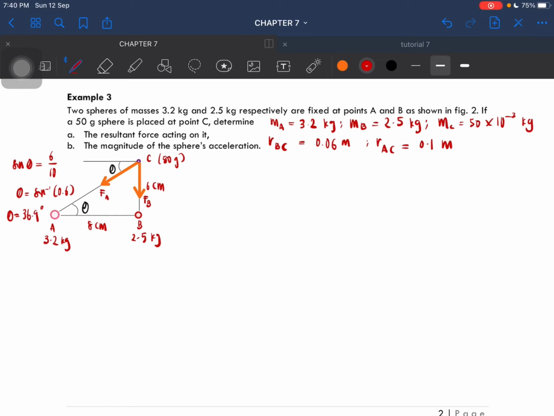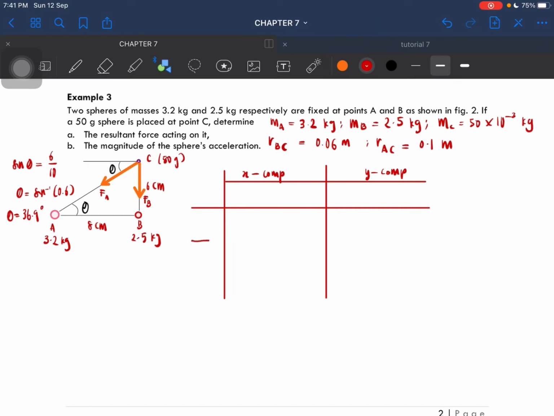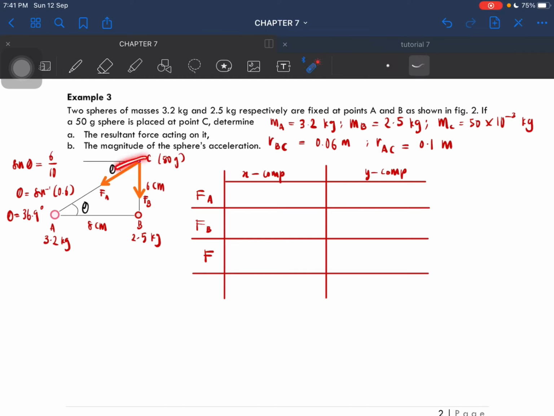Now we have to look at this using X and Y components. You can do this using a table, with X component and Y component, force A, force B, and then the total. For the X component, we look at FA. Now we want to resolve it into the X component here. This is the X axis, this is the Y axis.